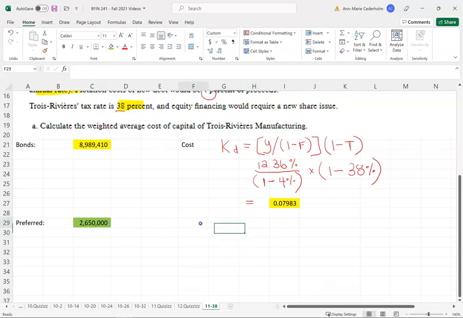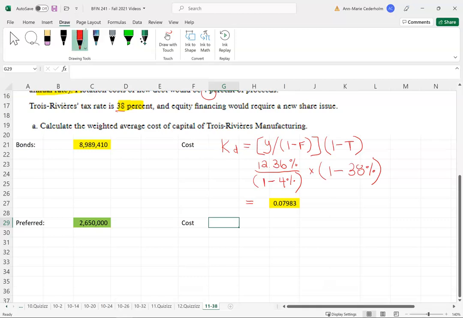So now in order to find the cost, I'm going to use this formula. The cost of preferred shares equals the dividend on the preferred share, divided by the price minus the flotation cost.